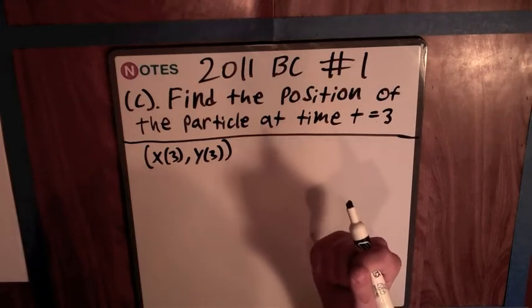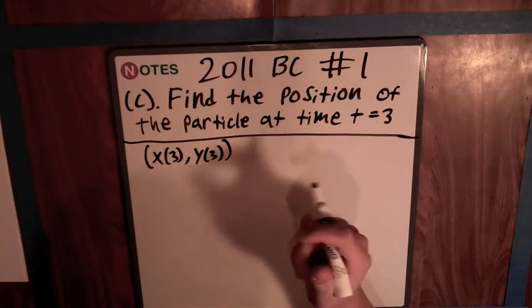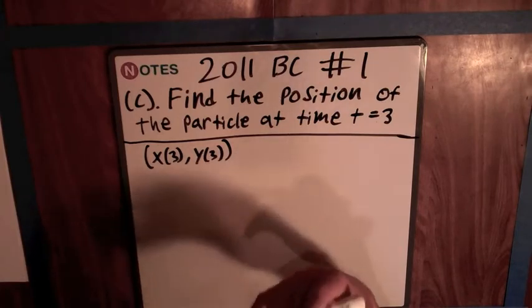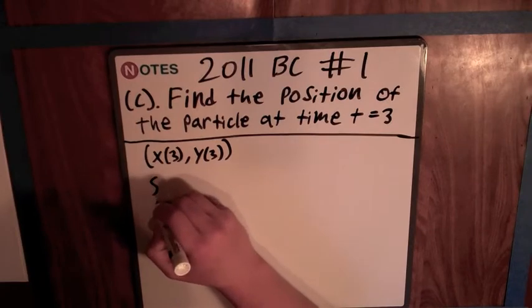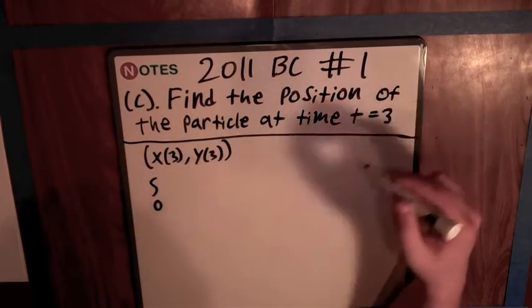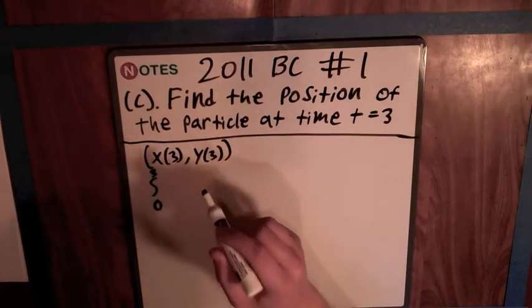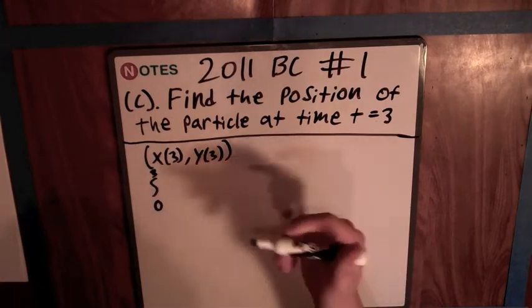So for position, you need to integrate the velocity, because integrating the velocity will get you the position. If you integrate it from your initial time, 0, to your target time of 3, for either x and y. So that's what we're going to do.